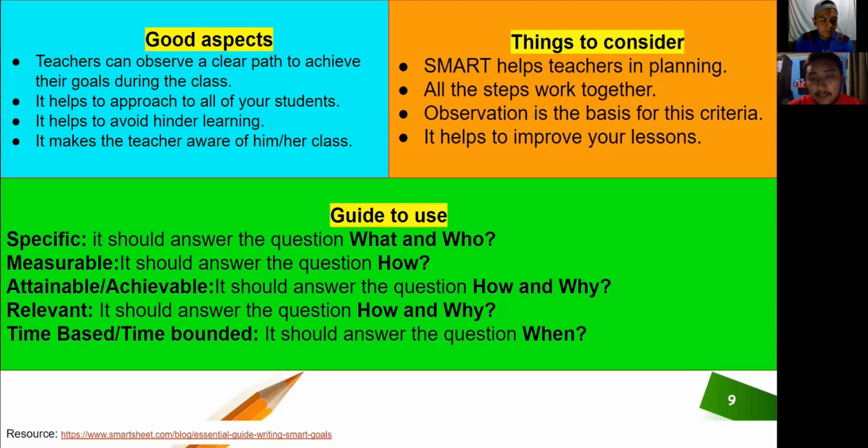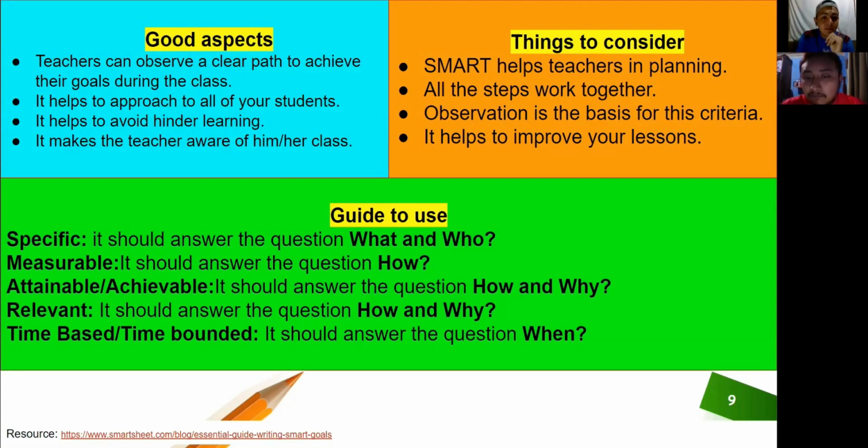Okay. Specific. It should answer the question what and who. So these two questions are pretty much helping you to create a really specific objective in the planning stage, for you to observe what you want to achieve and also who is involved, who is directly affected by this.